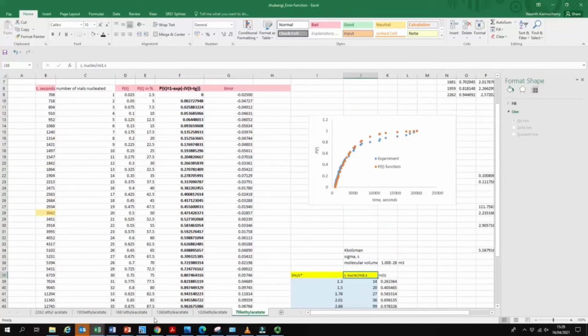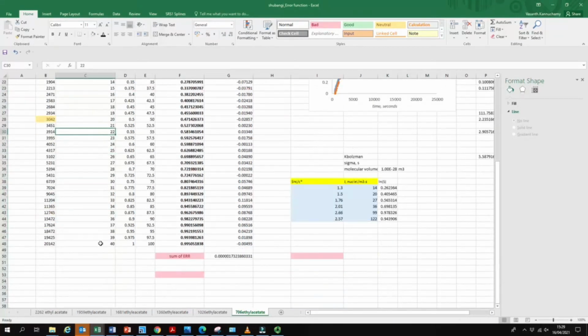Then I will go back to the paper tube and try to see how I calculated these values, like the P of t, which is in the F column. From the experiment, all we are going to get is these two values, the B column and the C column. C column is not even an experimental value. This is just the number of vials nucleated and at what time.